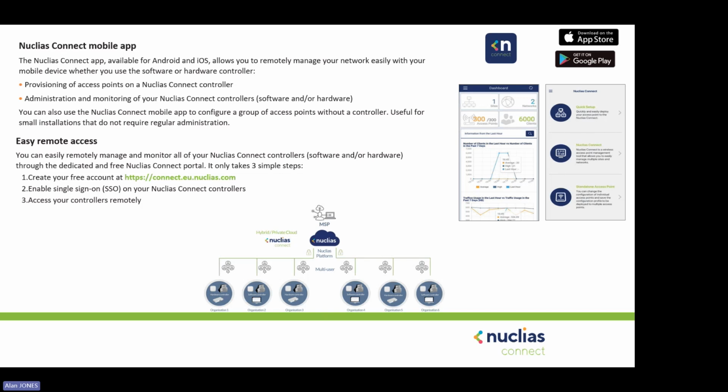But at the same time, as I mentioned, through the app itself, you can download profiles to save onto your phone to deploy onto new access points that you might be deploying on a particular existing or new site, as well as even just simple things like standalone access points. If you go on site, you can use the app to very quickly set up a compatible access point within the same network.